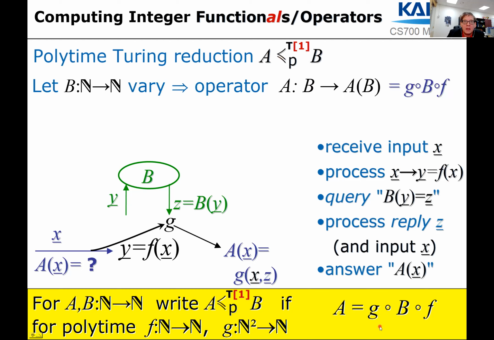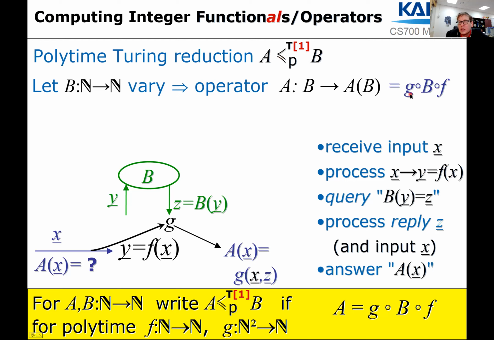And so this is a particular kind of, if you let B vary, then this gives various kinds of functions A. So this is a particular kind of operator that turns B into the new function A of B, and as B varies here, we get various functions A, and the mapping from B to A, that's an operator.